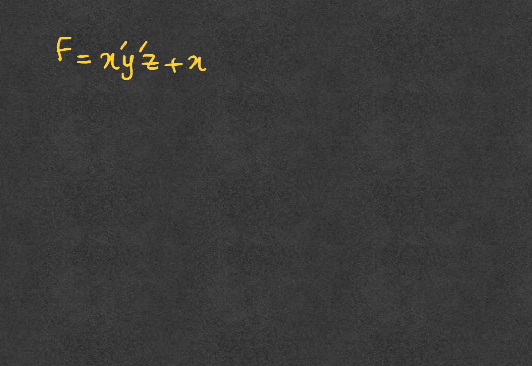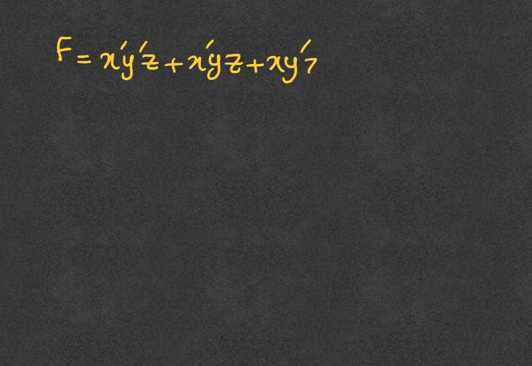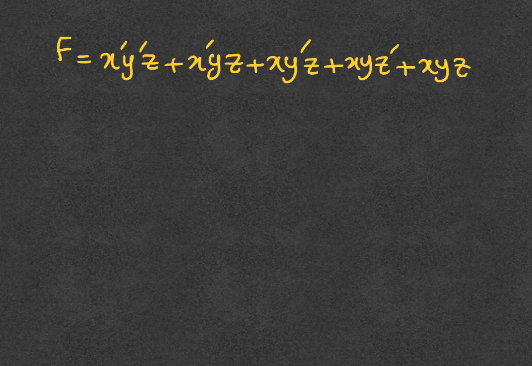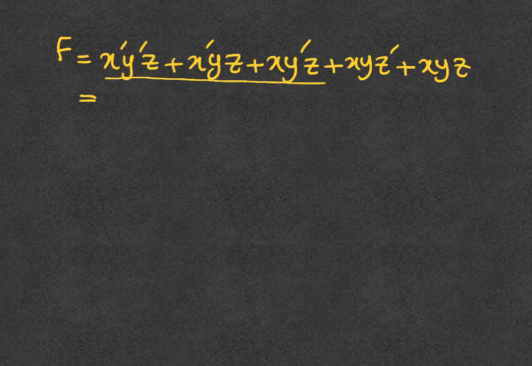For this function f, which was x prime y prime z, x prime y z plus x y prime z plus x y z prime plus x y z. As I said, this is canonical form. It's not minimal form. So for all these four, you can just factorize z.